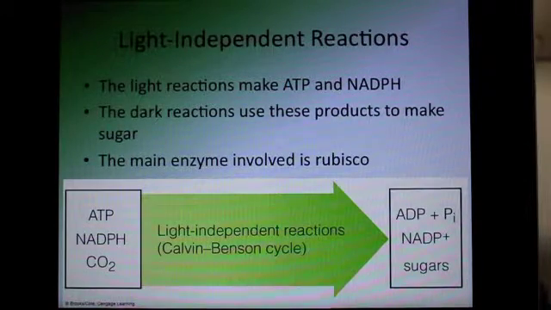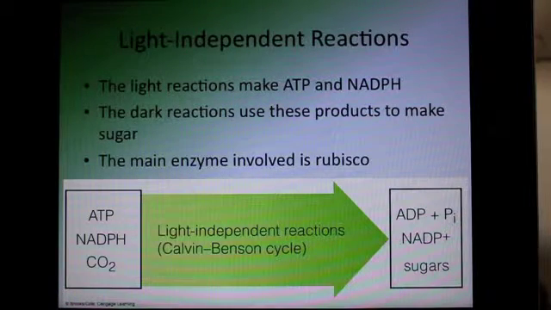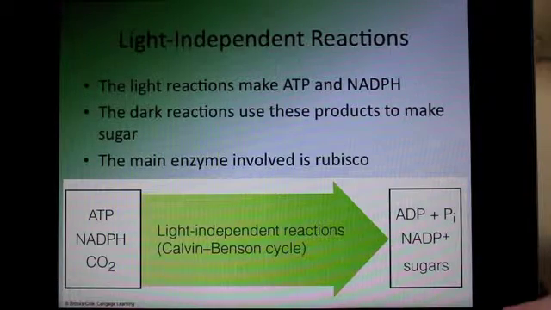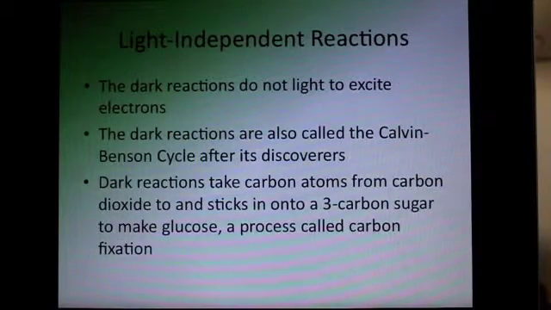These are the ones where we take the ATP and the NADPH that we made in the light reactions, and we use these products to make sugar. The main enzyme involved in this process is called rubisco. So the light-independent reactions, or dark reactions, do not use light to excite electrons.